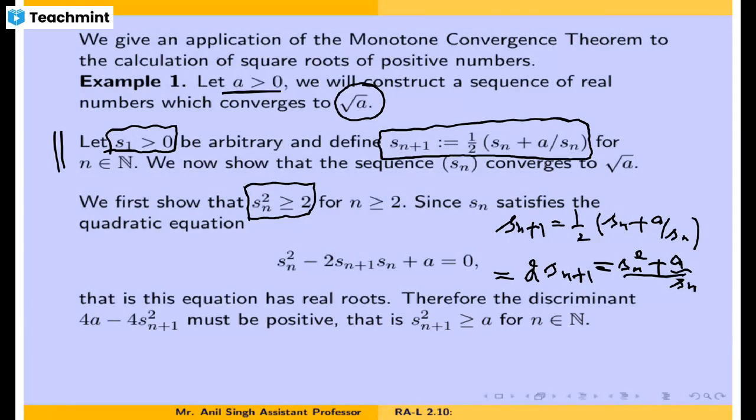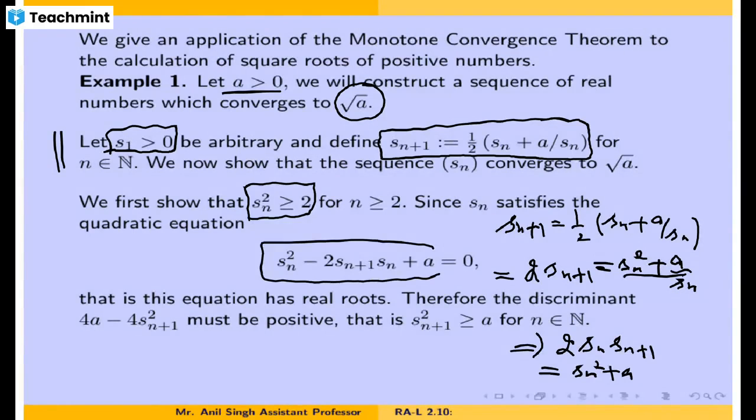If I multiply through by Sn, I get 2 Sn times S(n+1) equals Sn square plus a. If I take all the terms to one side, I get a quadratic equation in Sn, where Sn is a real number: x square minus 2 S(n+1) x plus a equals 0.